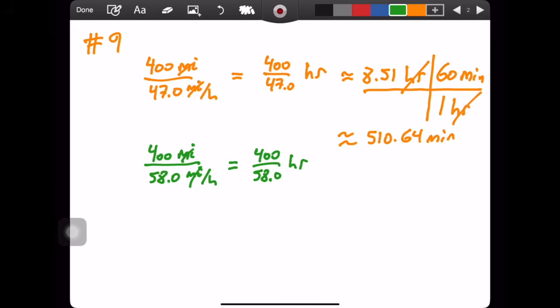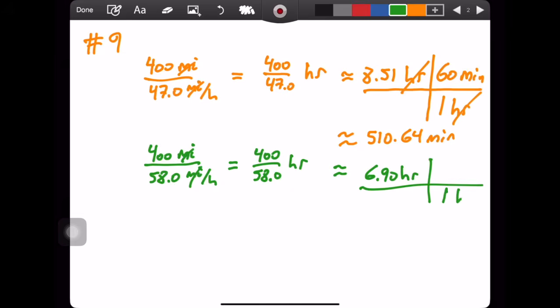We're in units of hours. So if I take 400 and divide it by 58, I'm going to get approximately 6.90 hours. And now I want to convert.